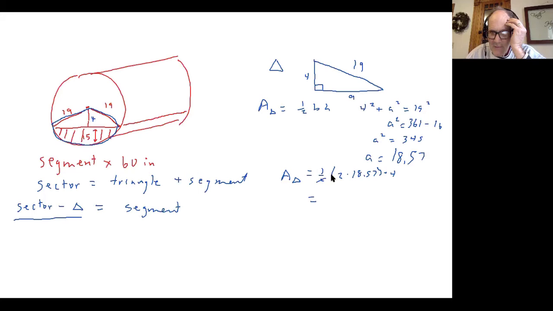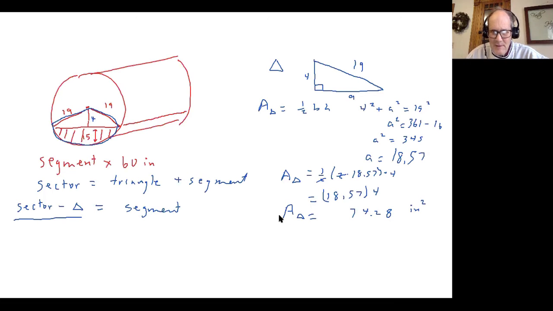The half and the 2 cancel out, and I end up with 18.57 times 4, which turns out to be 74.28 square inches. So there's my area of my triangle.